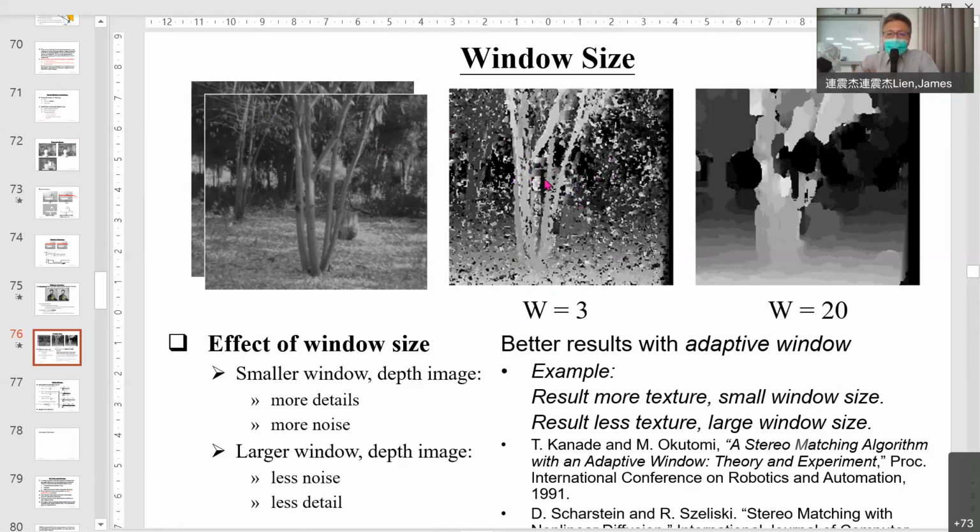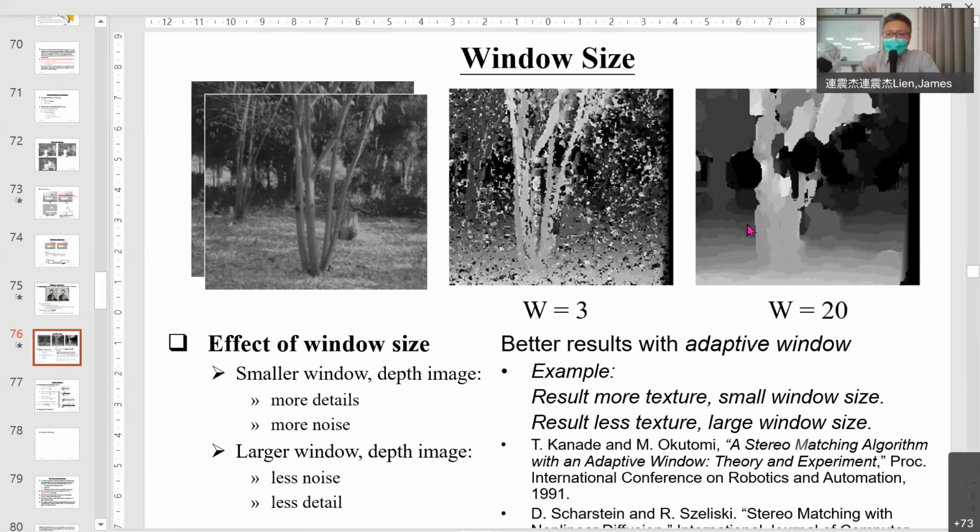It's the same as your filter. If you use small windows, you have more details, but actually you will also have more noise, because you amplify the small areas and the signal.